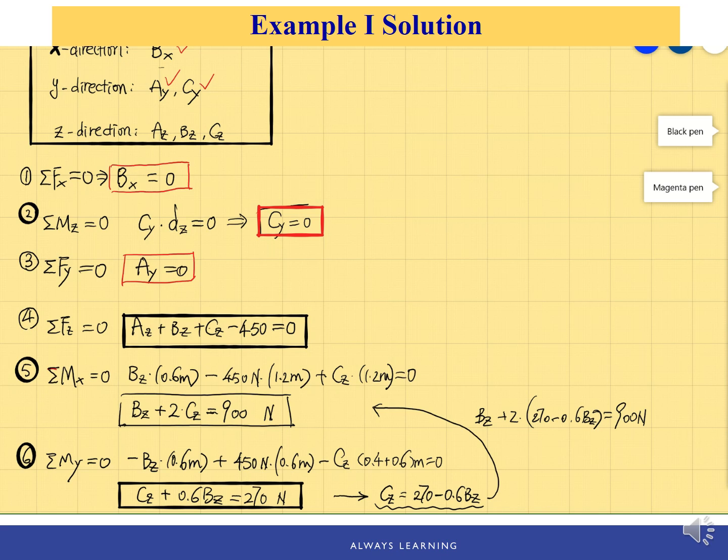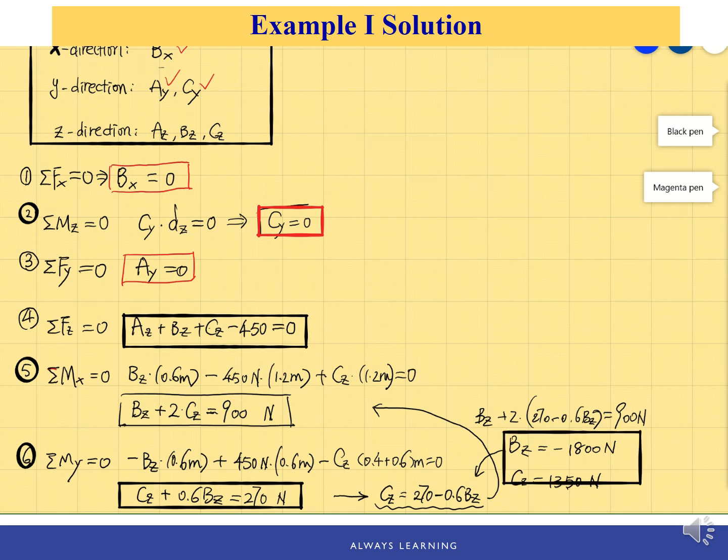And now BZ can be solved from this equation. That's the only unknown force here, which is negative 1800 Newton. And then substitute it back into the CZ formula. We can solve CZ, which is 1350 Newton.